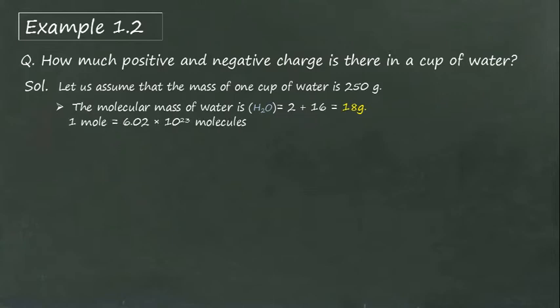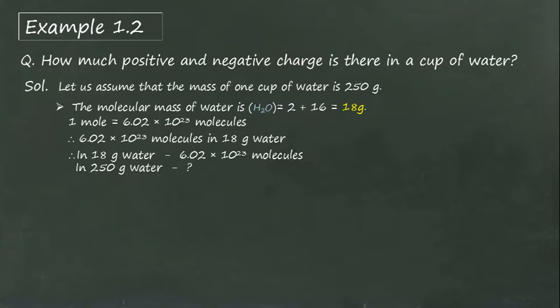One mole is equal to 6.02 × 10^23 molecules. That's Avogadro number. So 6.02 × 10^23 molecules in 18 gram water, that is 1 mole of water. That means in 18 gram water there are 6.02 × 10^23 molecules.